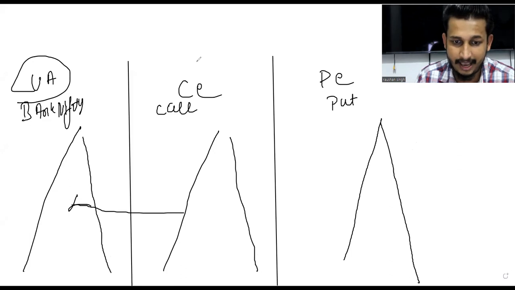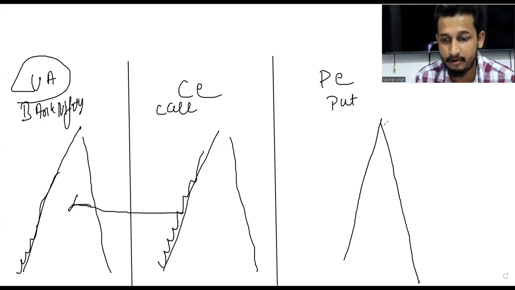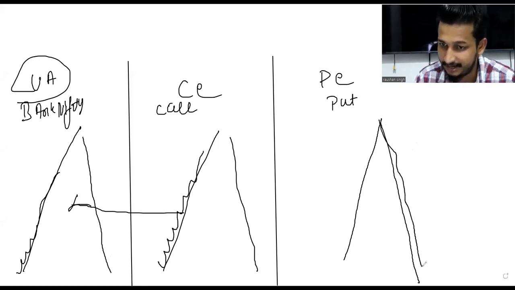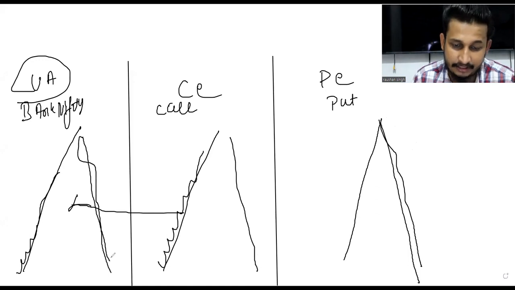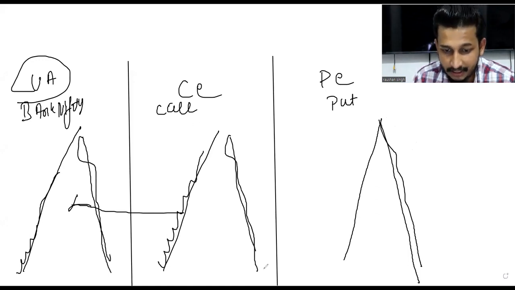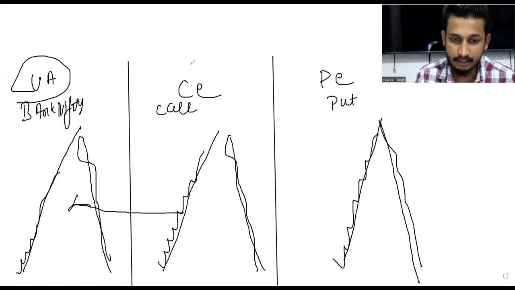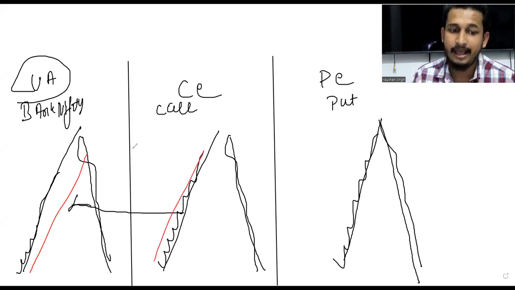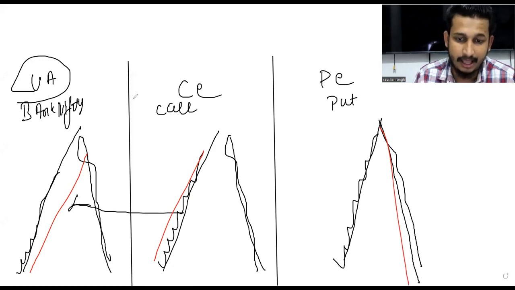Simple thing क्या है, बैंक निफ्टी अगर ऊपर की तरफ जाता है तो हमारा कॉल ऑप्शंस भी ऊपर की तरफ जाएगा, लेकिन पुट ऑप्शन जो है वो नीचे की तरफ आएगा। अगर बैंक निफ्टी नीचे आता है तो कॉल ऑप्शंस भी नीचे आता है एंड पुट ऑप्शंस हमारा ऊपर जाता है, ठीक है। So if Bank Nifty is going upside, call option will also go up and put options will come downside, okay.